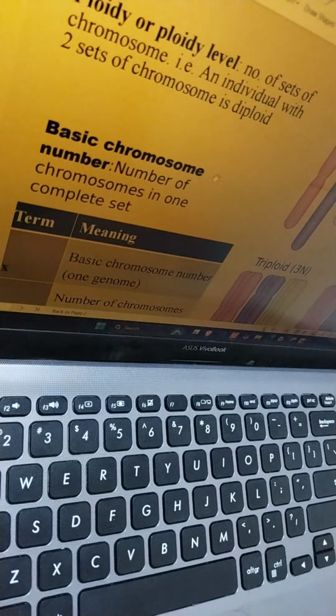Basic chromosome number is the number of chromosomes in one complete set.